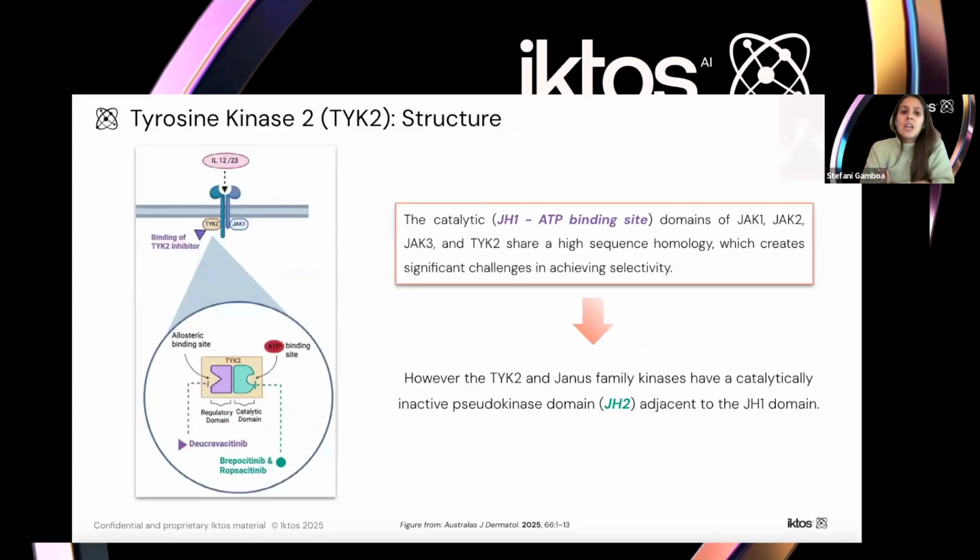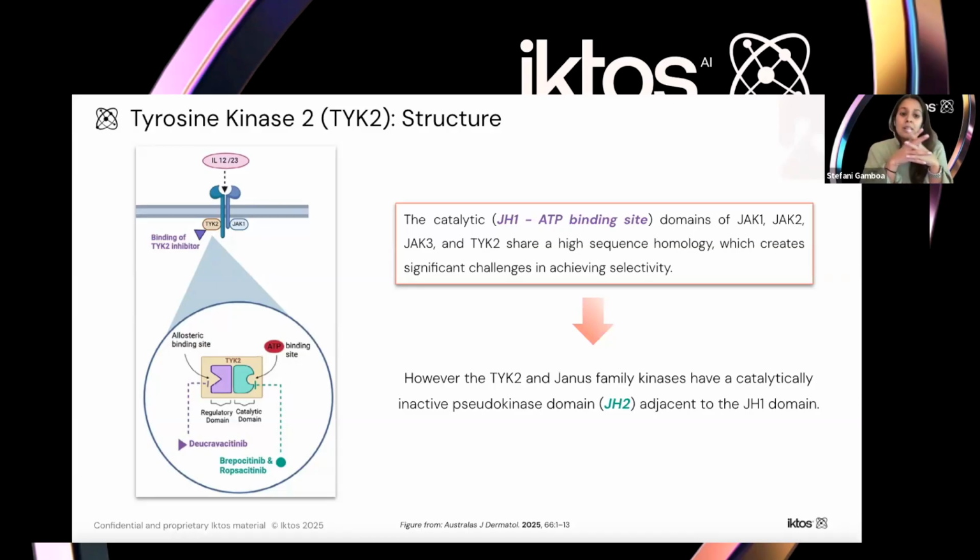One challenge with the JAK family is that their catalytic domain, the ATP binding sites, are highly conserved. If you inhibit one JAK at the ATP site, you often end up inhibiting others as well. TYK2, however, offers a unique opportunity because, located next to the catalytic domain, TYK2 has a pseudokinase domain, which is structurally distinct and also inactive.